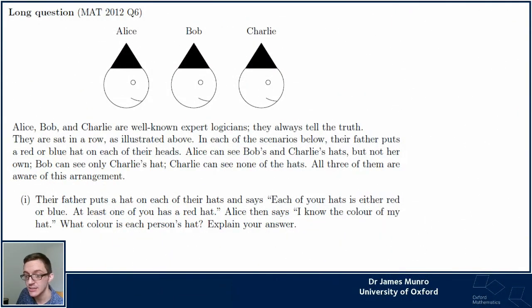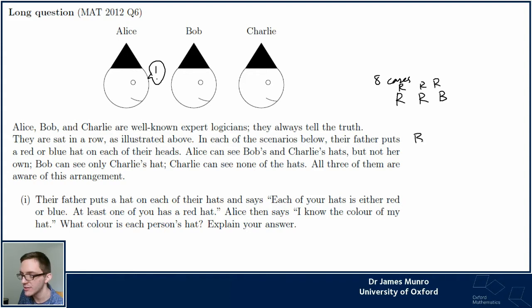Alice says, I know the colour of my hat. So how could that happen? I think the key is that we could think about, I guess there's 8 possible cases of what the hats are. There's like red, red, blue, red, red, red.